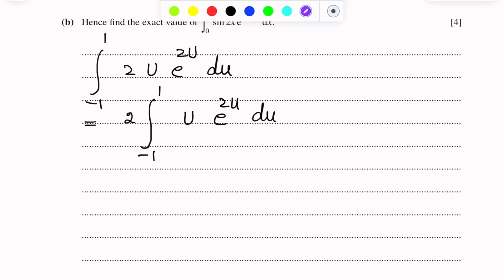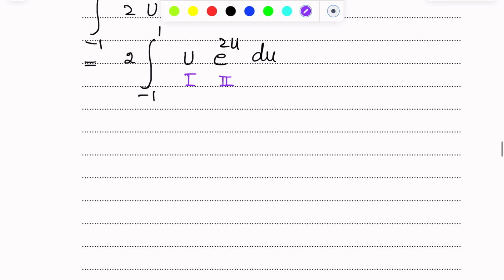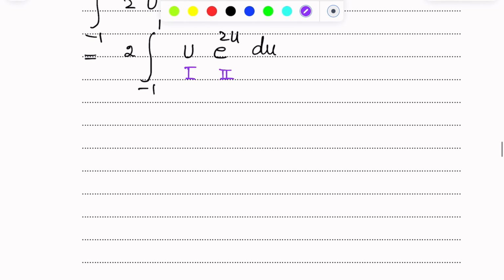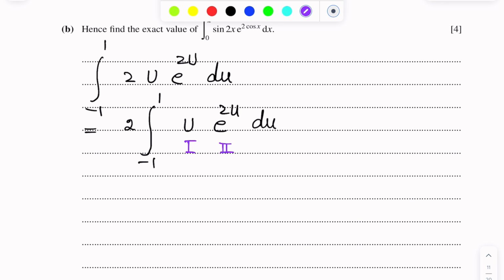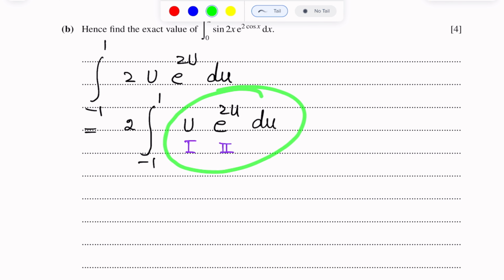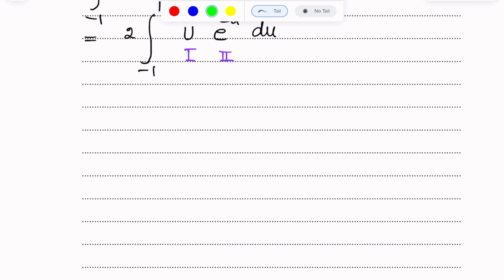Integration by parts: we are taking this u as first function, e power 2u as second function. This is the formula of integration by parts.